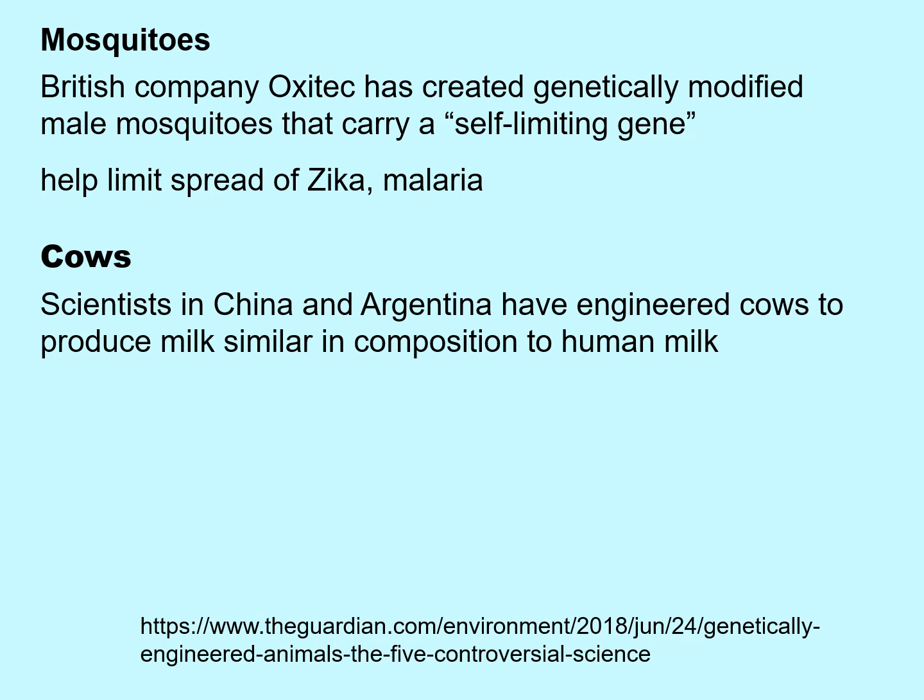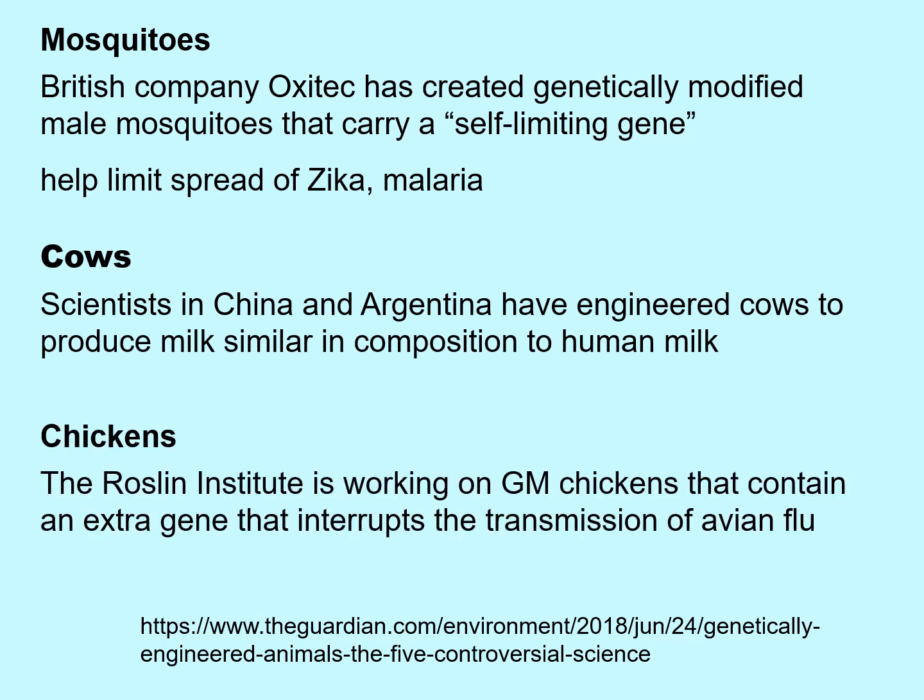Now, so far, it's not to a point where it tastes good. Chickens. One company is working on genetically modified chickens that contain an extra gene that interrupts the transmission of avian flu. However, many farmers say you just need to maintain good, clean, sanitary conditions at your chicken farm.